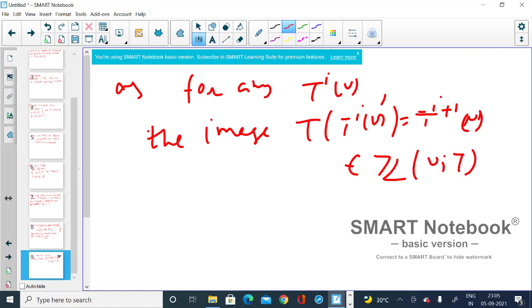So what does that mean? That means the cyclic subspace is T invariant. So obvious.